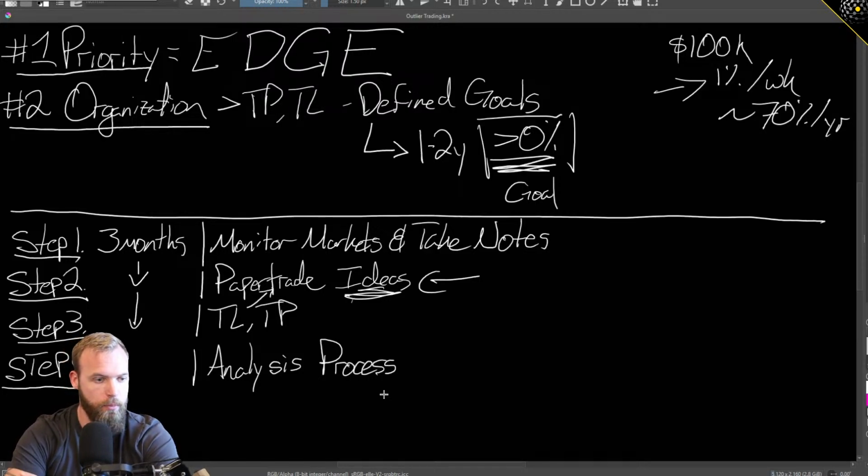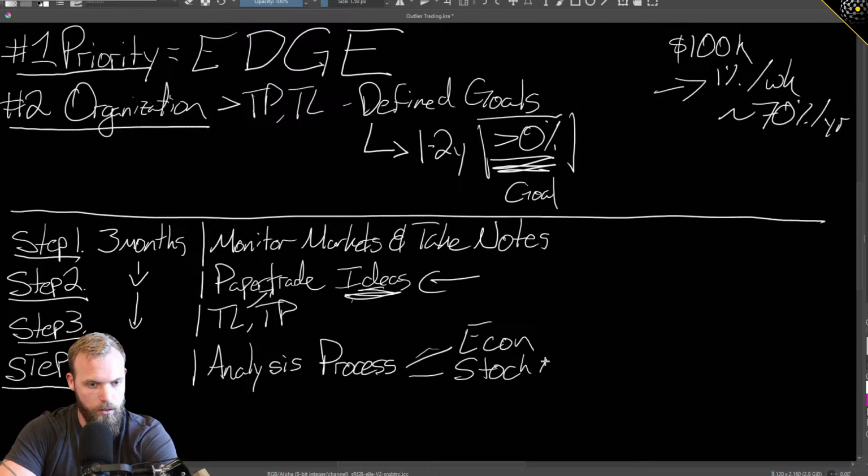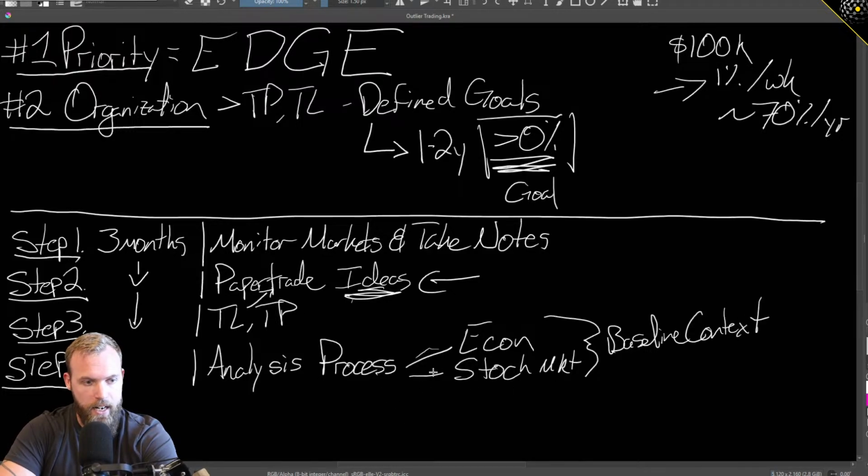We're thinking economy, stock market. These two are to develop baseline context. Then after we get the baseline context process down, we can start outlining trade analysis.